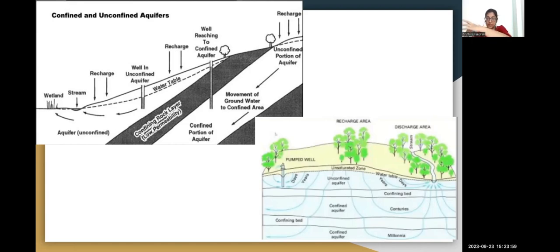The end of this confined aquifer would be an unconfined aquifer, and only when that unconfined aquifer is recharged will the water flow and flow and flow and come and recharge the confined aquifer.